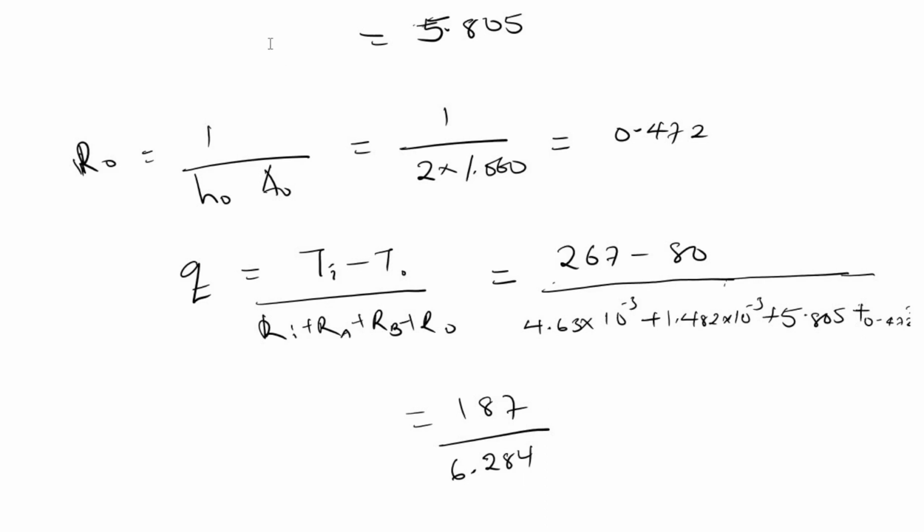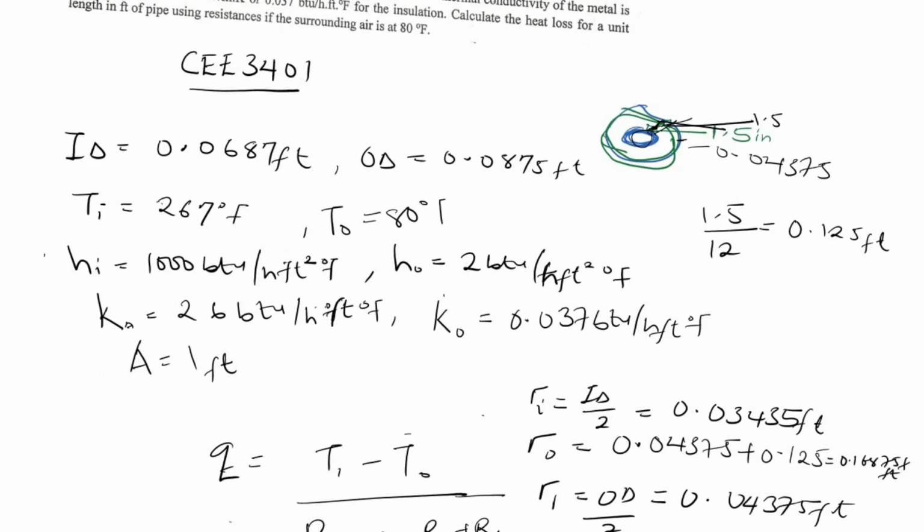After calculating, if you compute it correctly, you'll see that your answer is 29.76 BTU per hour. This is the final thing we were asked to calculate in the question.